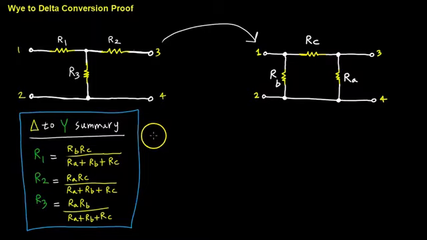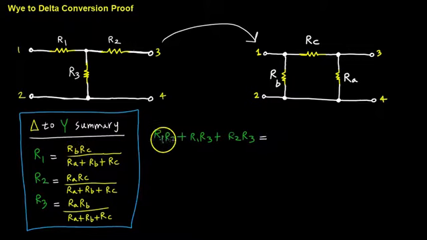So if you sum up all the possible combinations of products here, we're going to have R1R2 plus R1R3 plus R2R3. These are the possible combinations for multiplication. Now let's go ahead and plug those in.